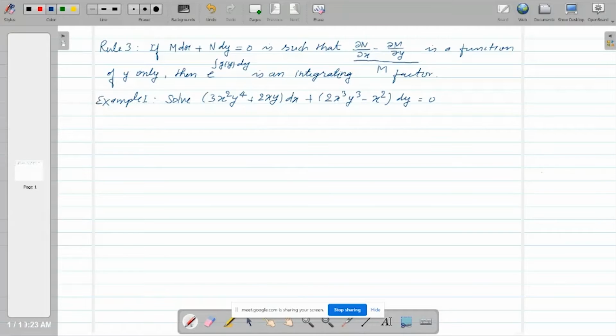Okay, so for this we write the solution and we first copy the given differential equation. The given differential equation is (3x²y⁴ + 2xy) dx + (2x³y³ − x²) dy equal to 0.